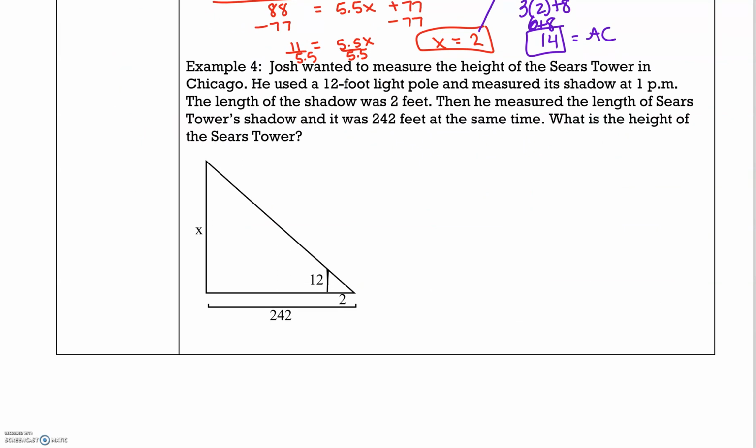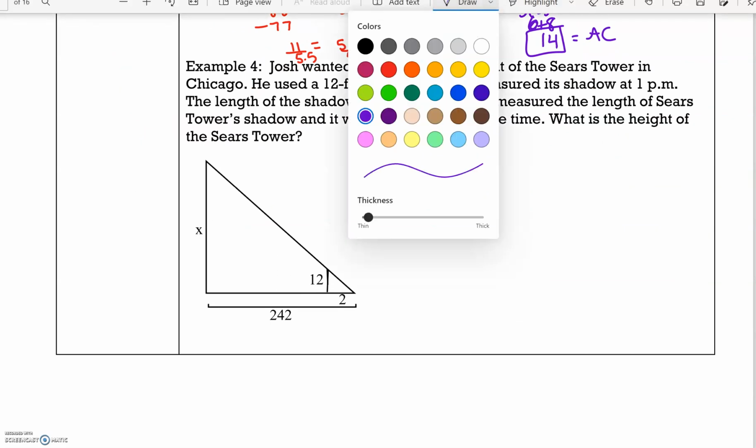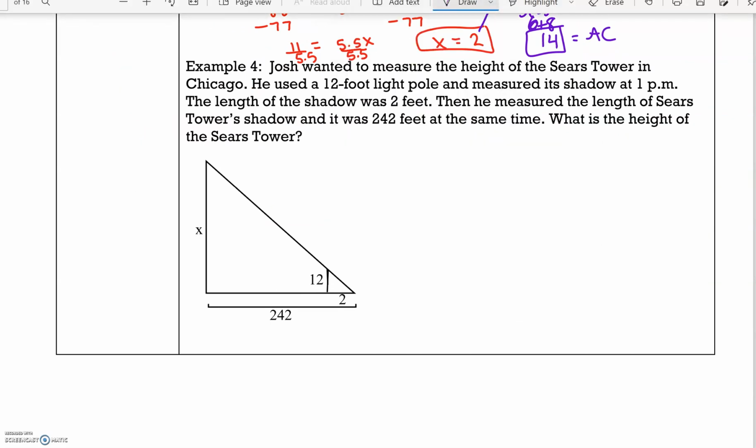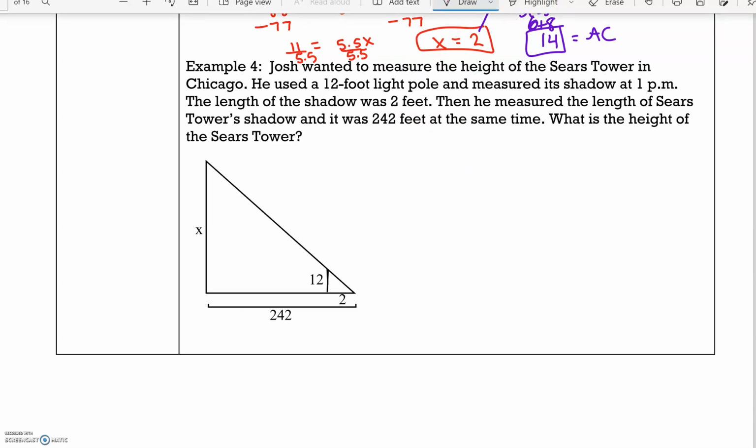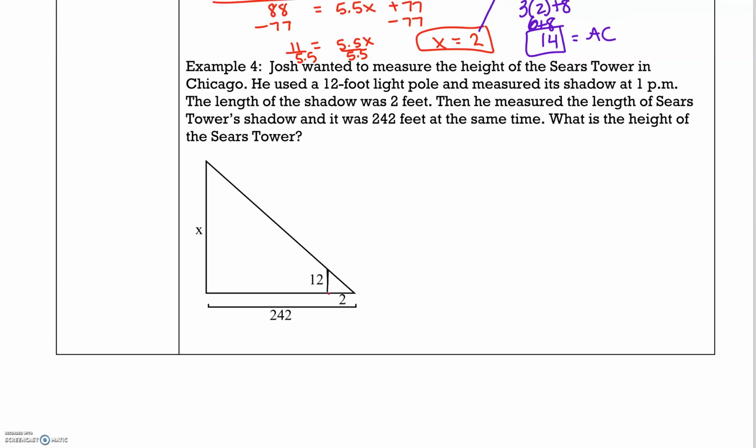All right, next we wanted to, Josh wanted to measure the height of the Sears Tower in Chicago. So we used a 12-foot light pole, measured its shadow, and then used the shadow for the building. And so we're going to set up a proportion. Let's go ahead and do big over small.